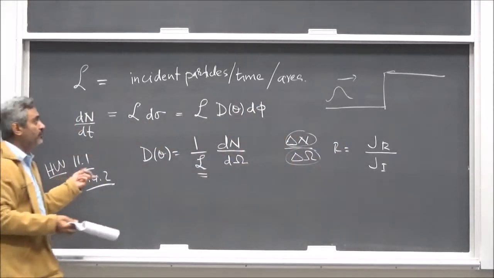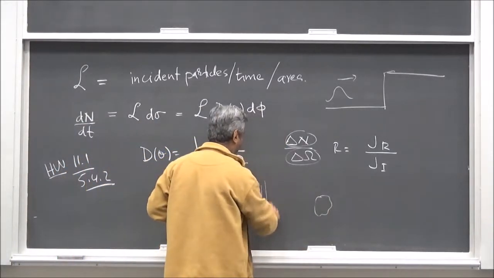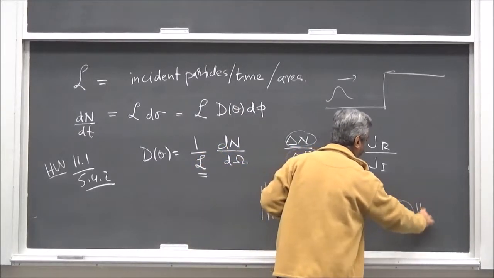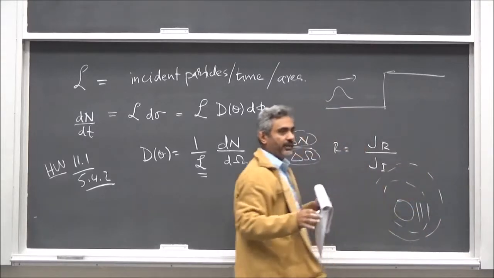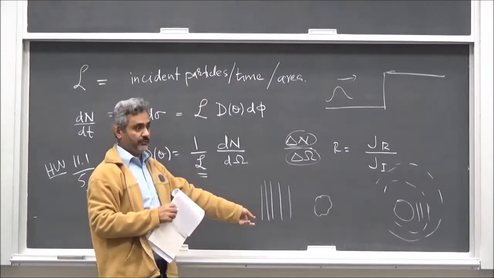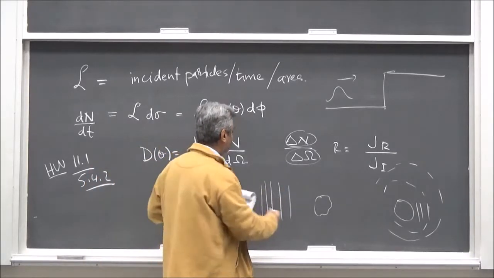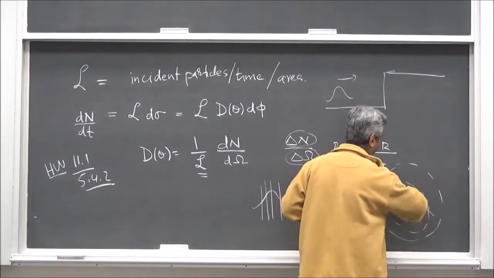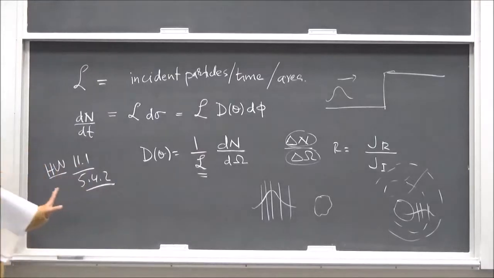I'm not going to describe a scattering center with a wave packet coming towards it and a wave packet and some wave function at the end. That would be just too messy.